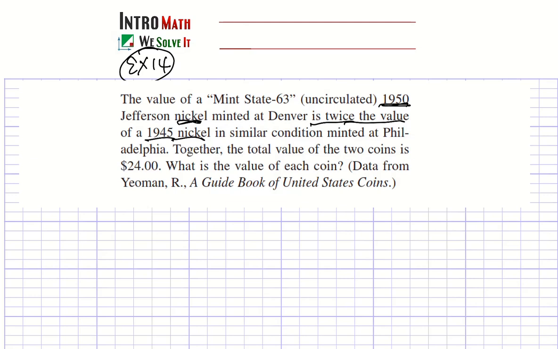So the 1950 nickel is twice the value of the 1945 nickel. So we're gonna use the 1945 nickel as x. That's what that is telling me. Okay. So let x be the value of the 1945 nickel.